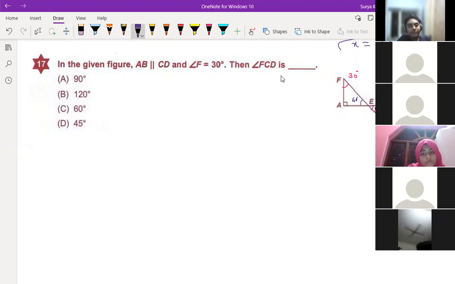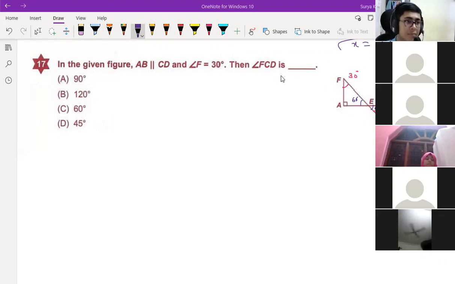So this will be 120, right? It's clear? 120?